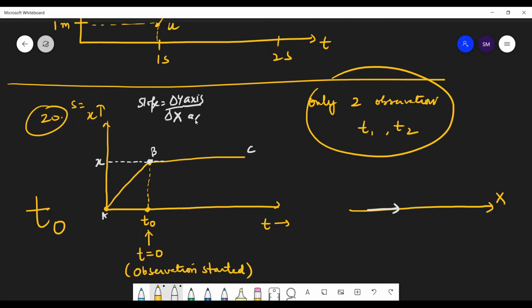Change in y-axis is change in position, and change in x-axis is change in time. Change in position upon change in time is velocity. So this slope gives you the velocity. The slope is not 0, which means velocity is not 0.